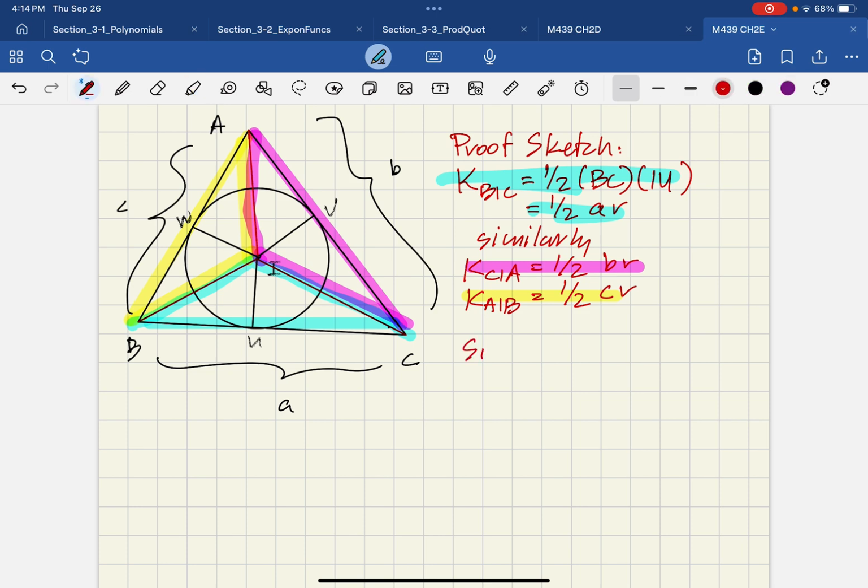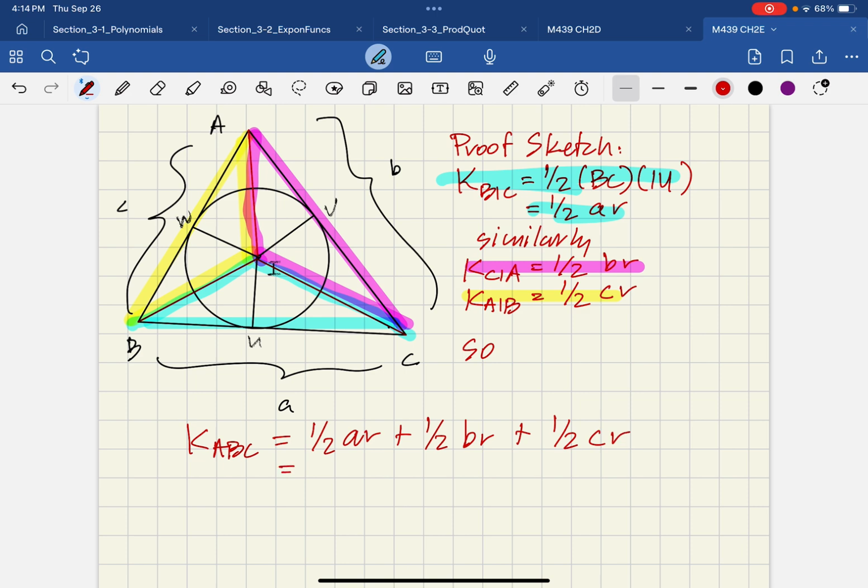So what we can prove then is that K of ABC is going to be the sum of the blue, the pink, and the yellow, right? So it'll be 1/2 AR plus 1/2 BR plus 1/2 CR.